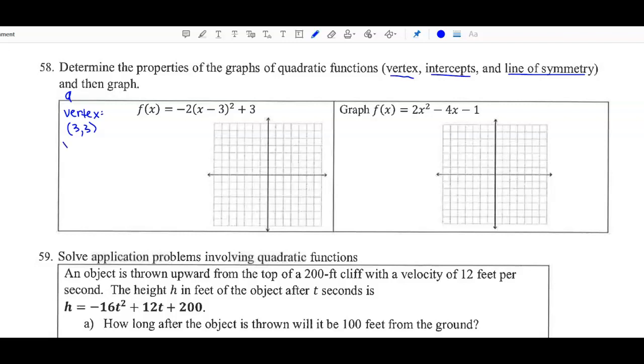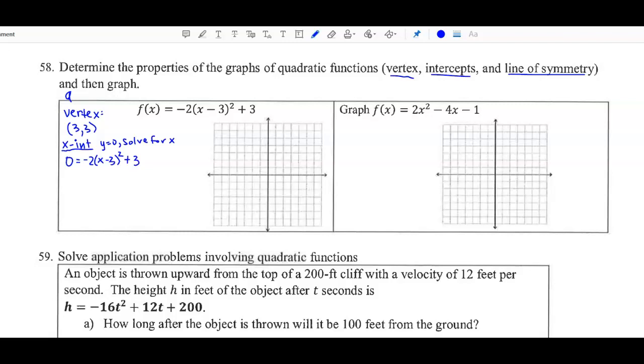So our x-intercept is when you let y equal 0, and make sure you really have in your head which one's which. Y equals 0, solve for x. So that means I'm going to have 0 equals -2 times x minus 3 all squared plus 3.